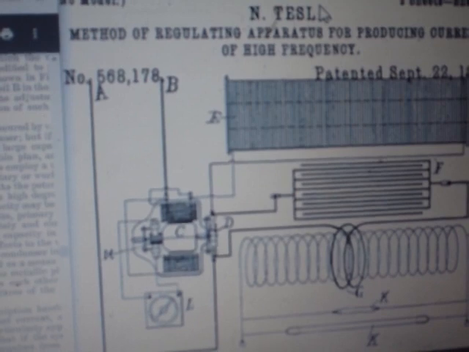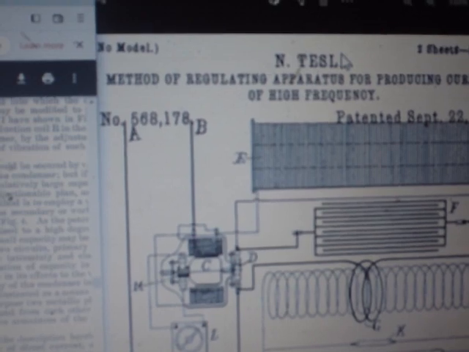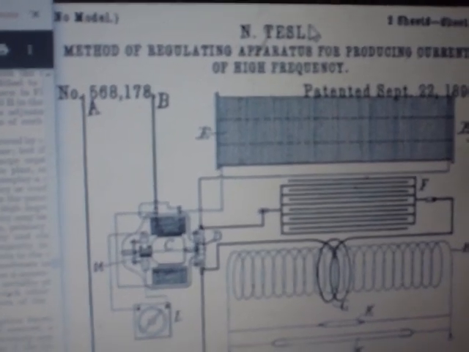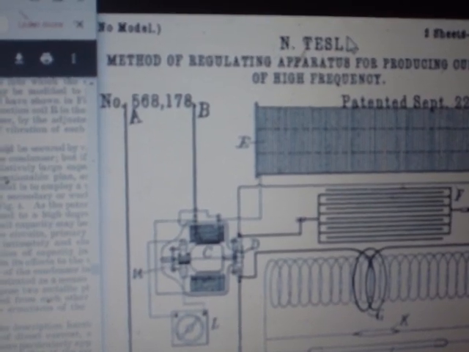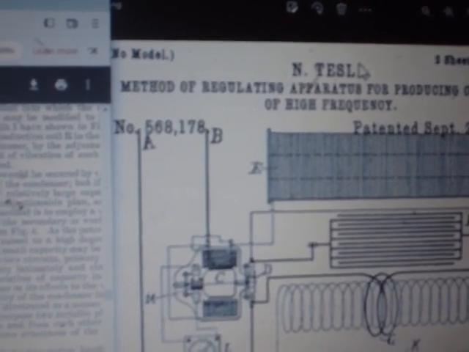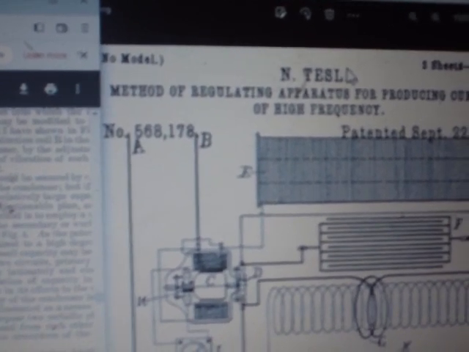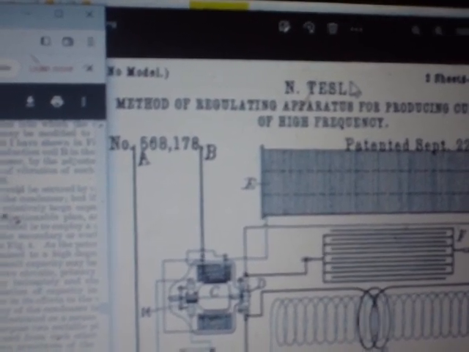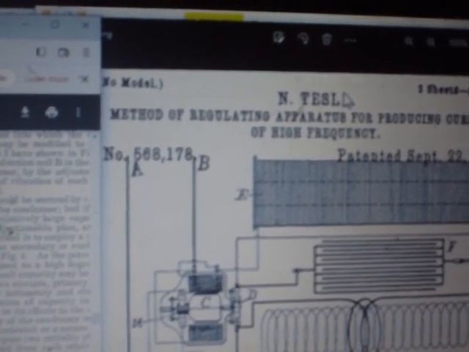In order to secure the greatest efficiency, so let me repeat that here, to store up, I therefore employ a motor of high self-induction, or in place of, or in addition to such motor, a choking coil or self-induction coil E, to store up the energy of the supply circuit directed into it, and to deliver it in the form of a high potential discharge when its circuit is interrupted and connected to the terminals of the condenser.